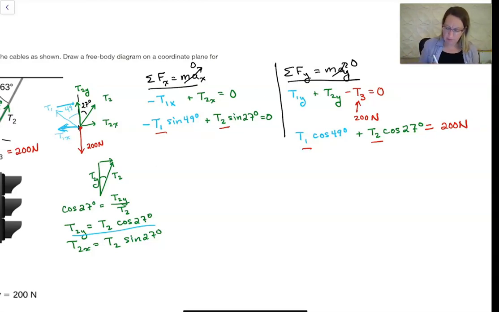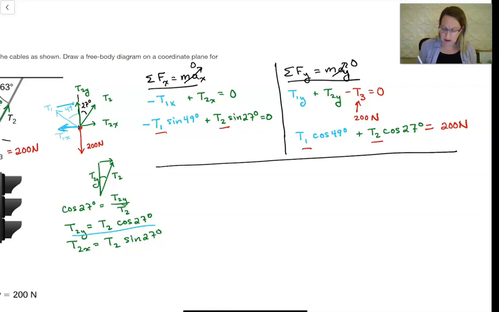From this point on is just math. Now, to get a perfect score on something, you've got to get the math right. But if this is as far as you can get, then you're in pretty good shape already. You're showing me that you understand that a force diagram is telling you something about the acceleration. In this case, 0 acceleration.